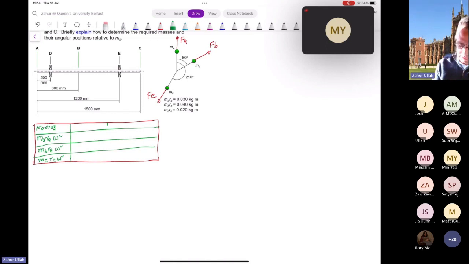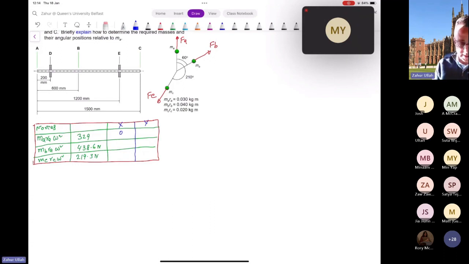And you can calculate the magnitude of the forces. The first one was 329, the second one was 438.6, and the third one was 219.3 Newton. And then you can calculate the X and Y components.